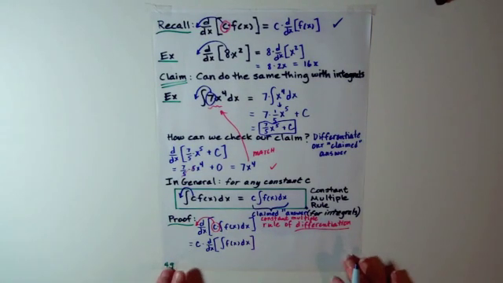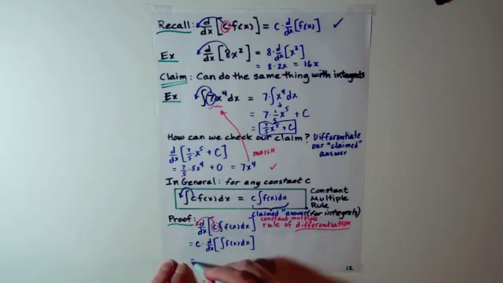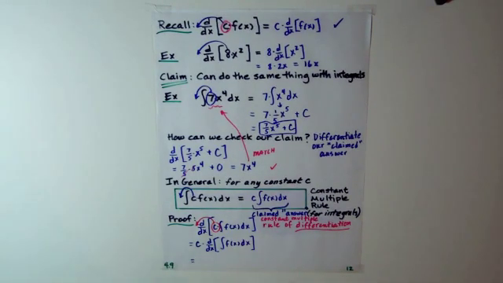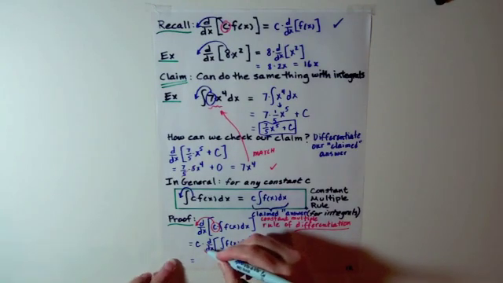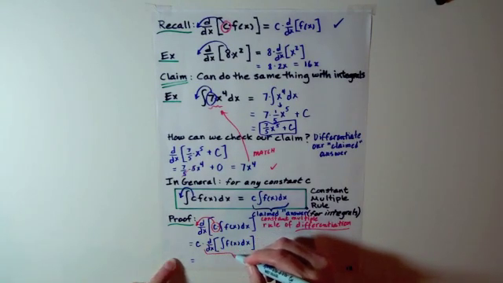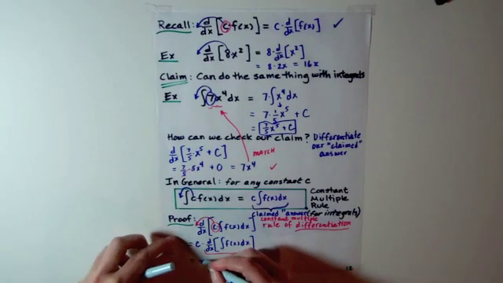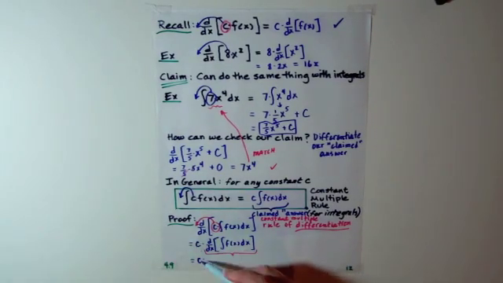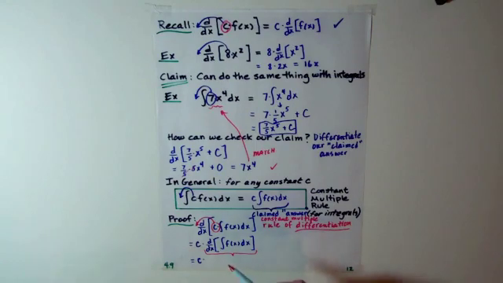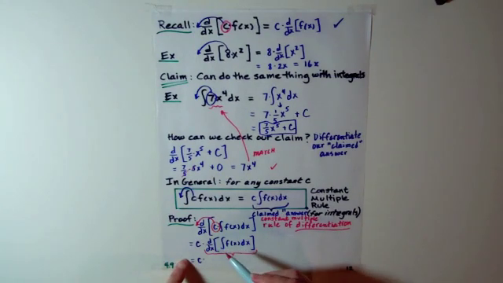Okay, that looks good. Well, but now let's think about it a little bit further, and I want you to think about this expression that I have right here. I'm going to put the c times, carry that down from the line above, and what is the derivative of the integral of f of x dx?